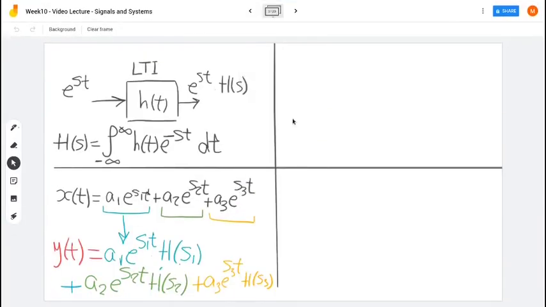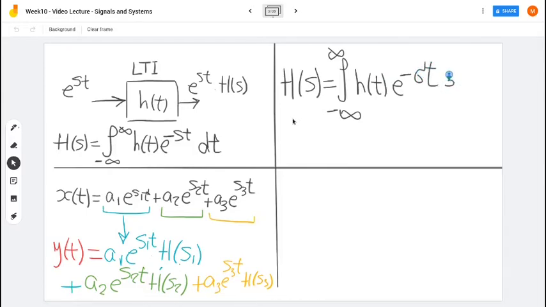So the definition of h of s is the integration from minus infinity to positive infinity, h of t e to the negative st. So let's try to replace e to the negative st over here with e to the power minus sigma plus j omega t. So in this case, h of s will take the form integration from minus infinity to positive infinity, h of t e to the power minus sigma t e to the power minus j omega t dt.